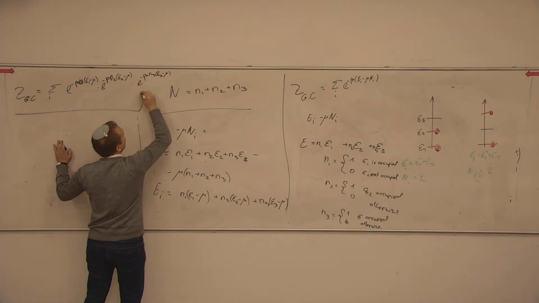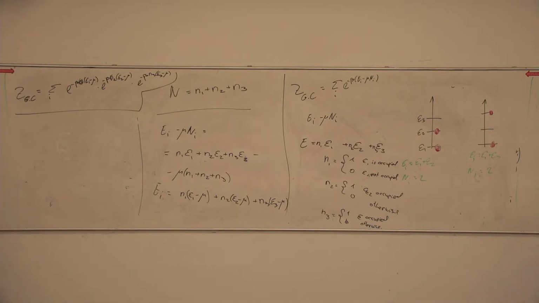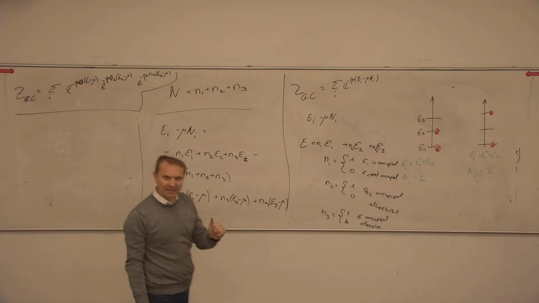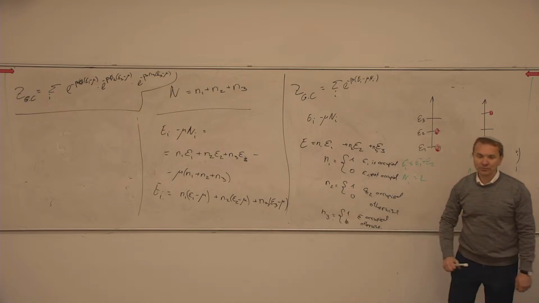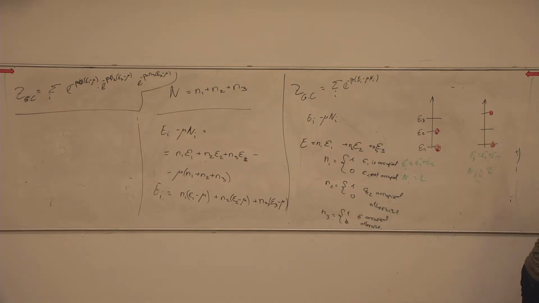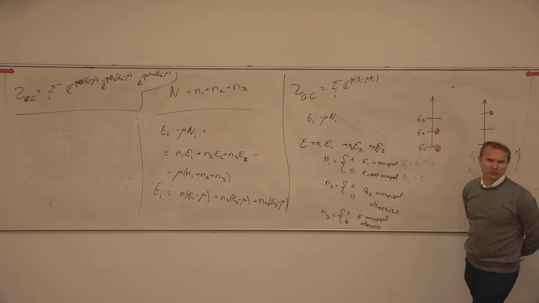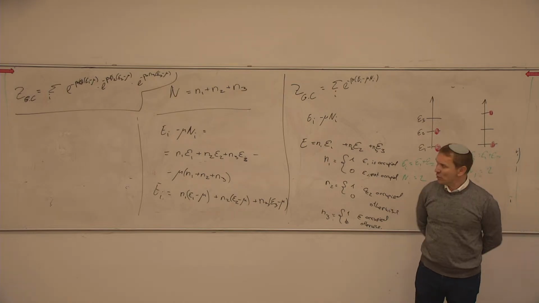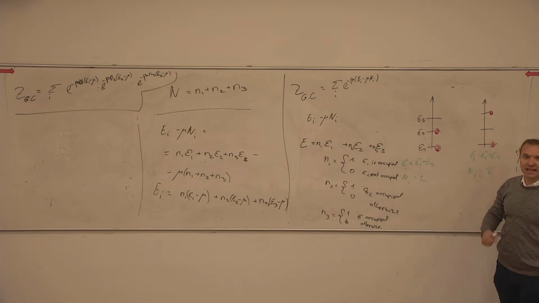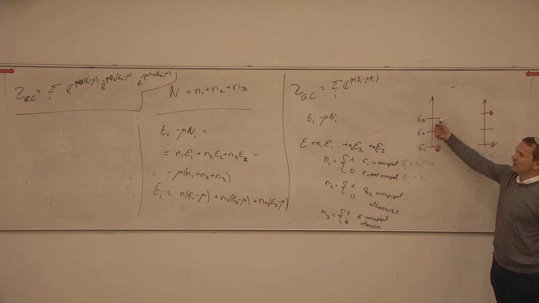Right? And then I have to sum over all the different states. But what is summing over all the different states? It's just summing over all the possible values of n1, n2, and n3. Do n1, n2, and n3 depend on each other? The answer is no. n1 is either 0 or 1. It doesn't care what happens to epsilon 2 and epsilon 3.